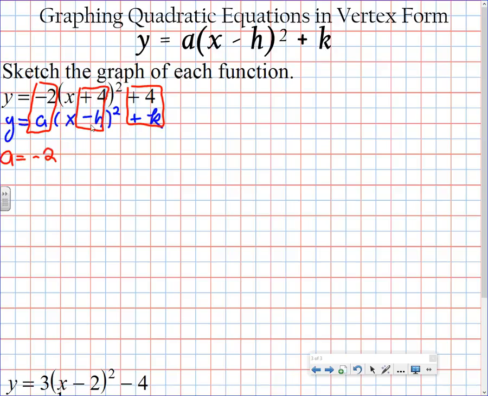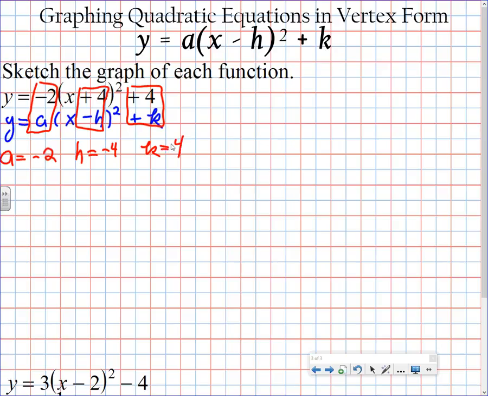And the h value, many of you look at it as a minus. Think of it as the opposite. What is the opposite of plus 4? The opposite of plus 4 is -4. And the k value is not opposite, it's the same. So the k value will be 4.